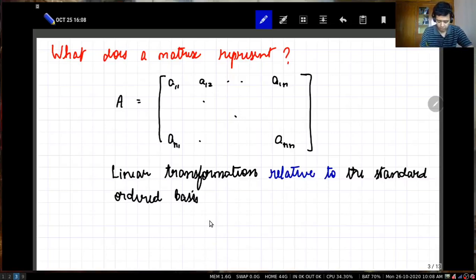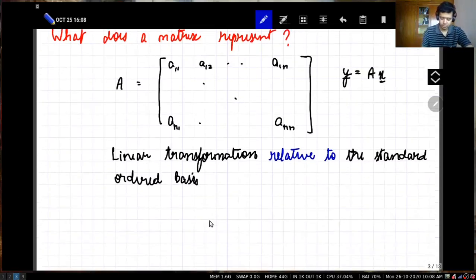Note that a linear transformation is equivalent to matrix multiplication by a matrix A. So we can write y equal to A times x, where x and y are n by 1 vectors.